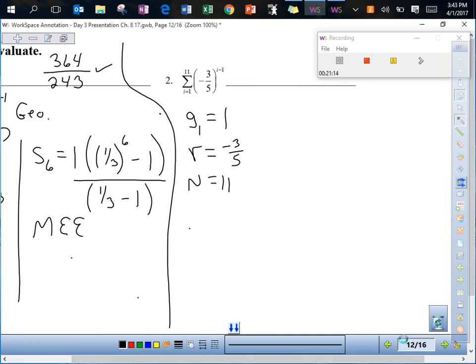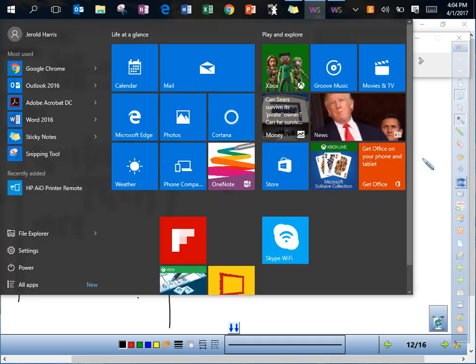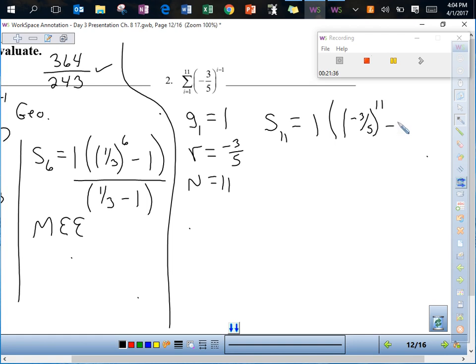So here's what it looks like. The sum of these 11 geometric terms is going to be found by G sub 1, parenthesis, another parenthesis. If you forget the second parenthesis on this one, you will find the wrong answer. So negative 3/5 to the 11th minus 1, close that parenthesis off, all over parenthesis negative 3/5 minus 1.